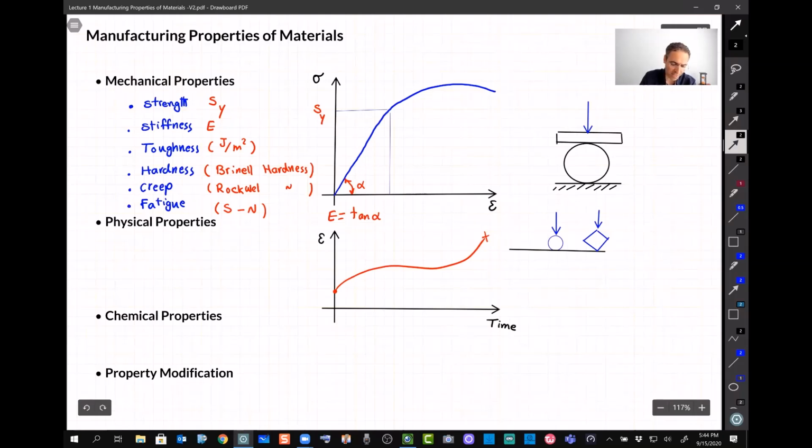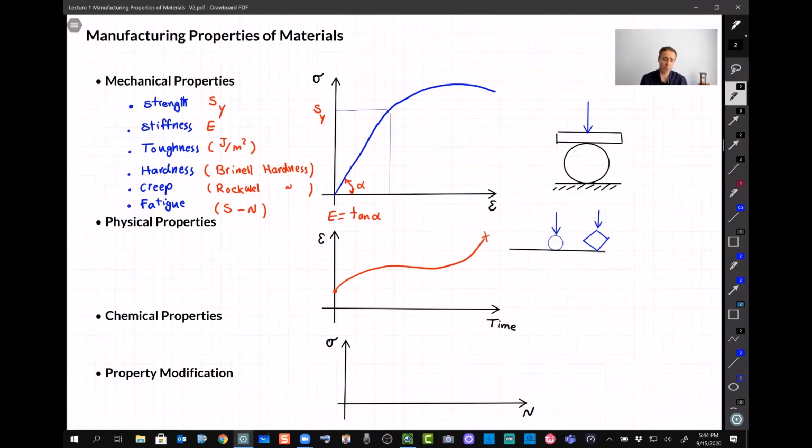So in the test, what people do is put a material under cyclic load. The x-axis is the number of cycles, and the y-axis is stress. First we put a material under a very large stress and measure how many times we can apply the load before it breaks.